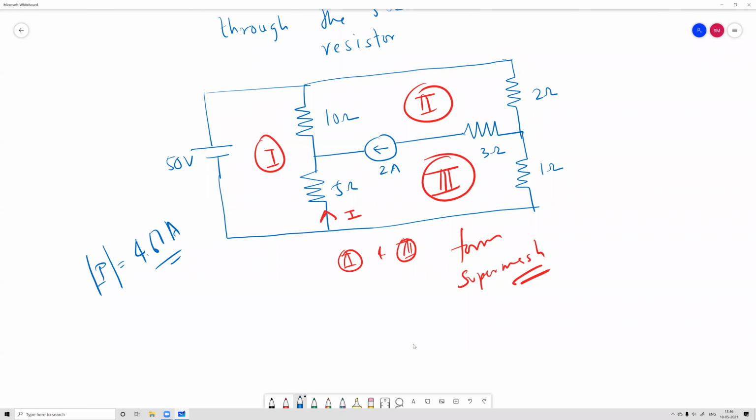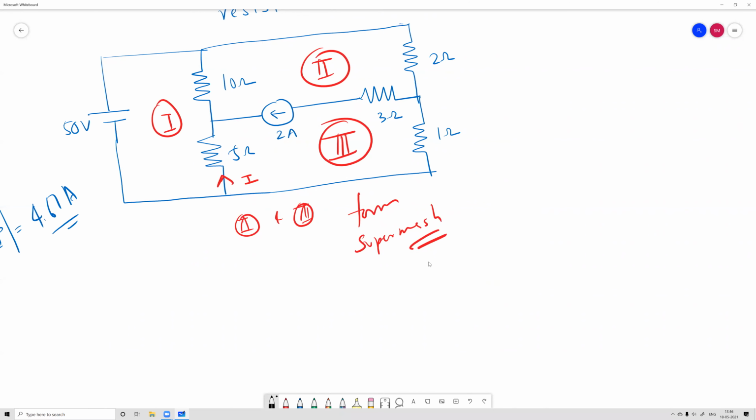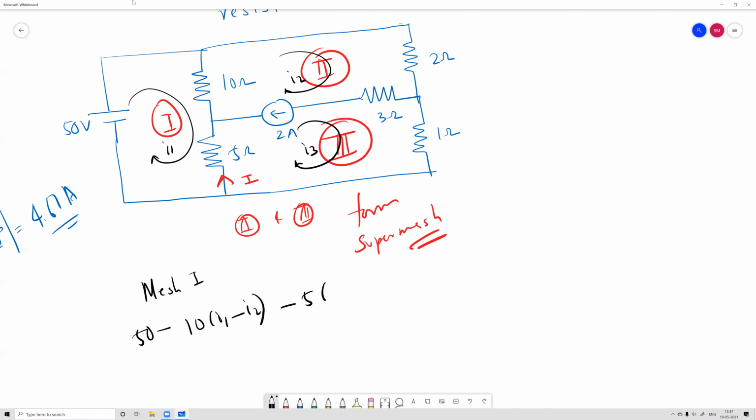Just check the equation for mesh 1. 50 minus, just put the correct directions, I1, I2. 50 minus 10 (I1 minus I2) minus 5 (I1 minus I3) is 0.